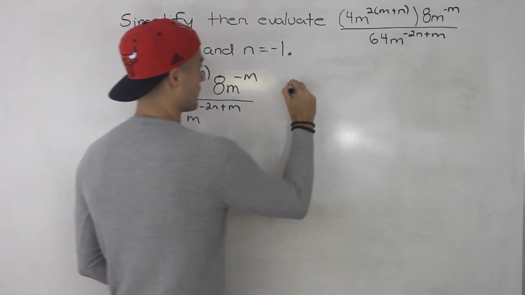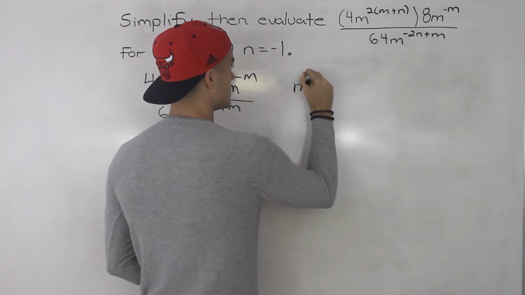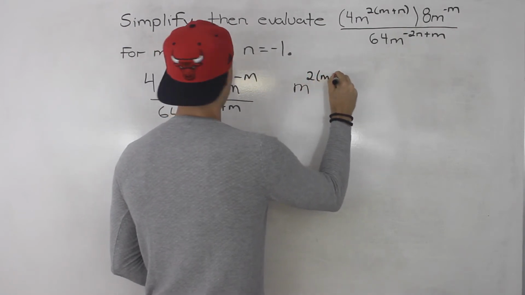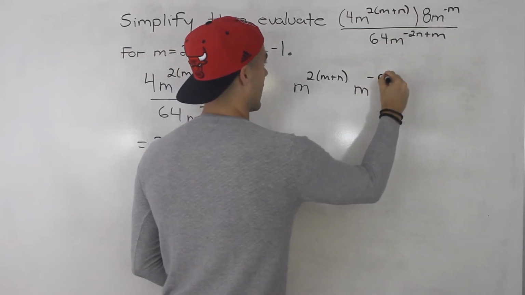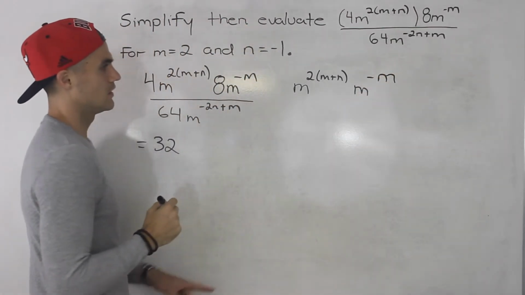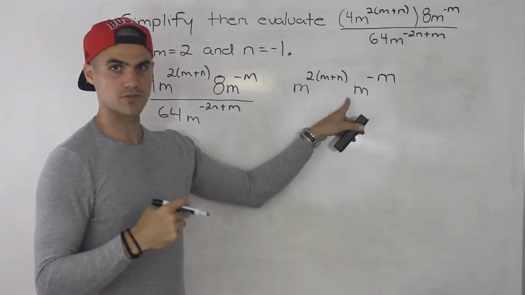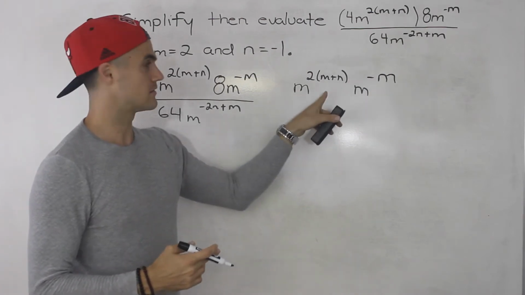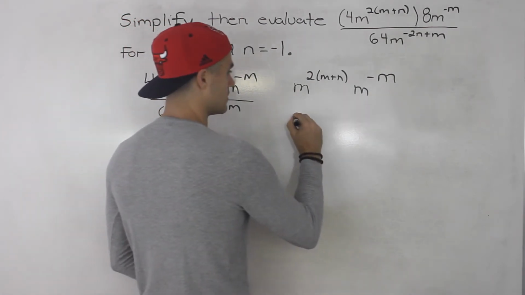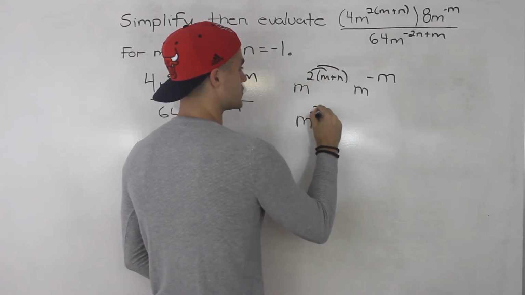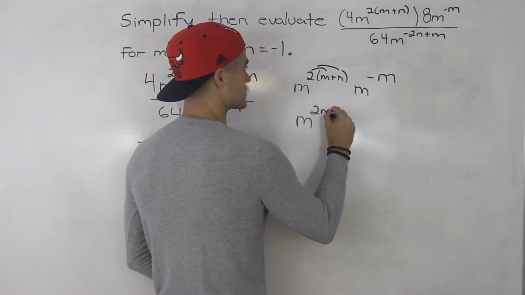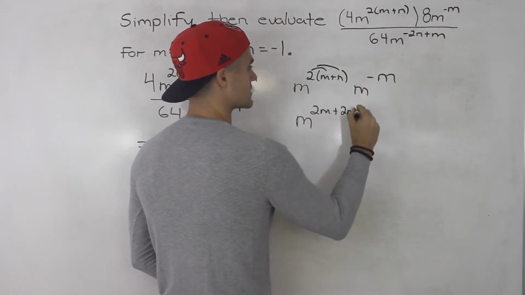So if I write that out on the side, I got m to the power of 2(m plus n), and then m to the power of -m. Notice that we're multiplying two exponents with the same base, so we could add the exponents. If I distribute here, that would be 2m plus 2n, and then this minus m.